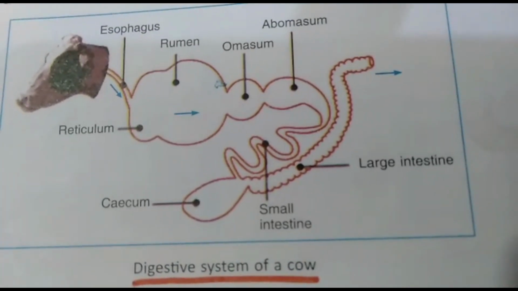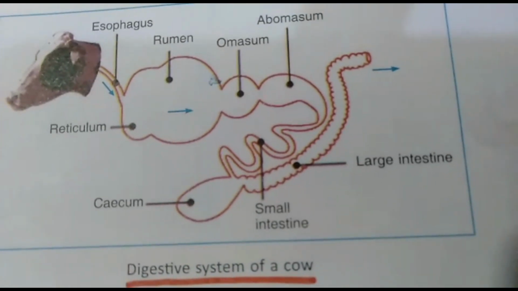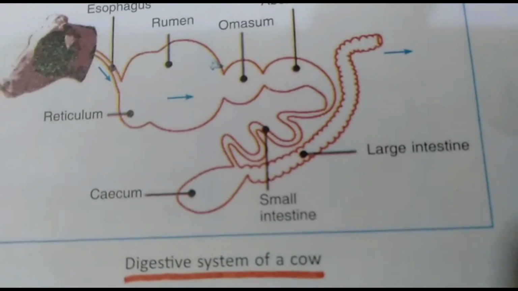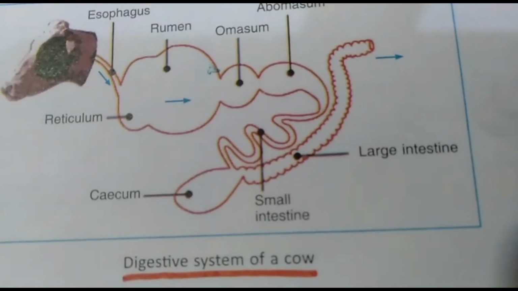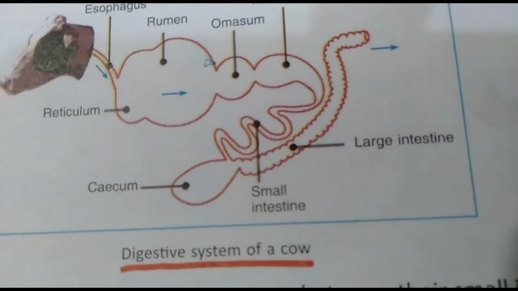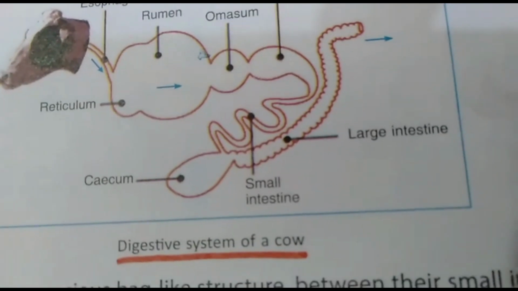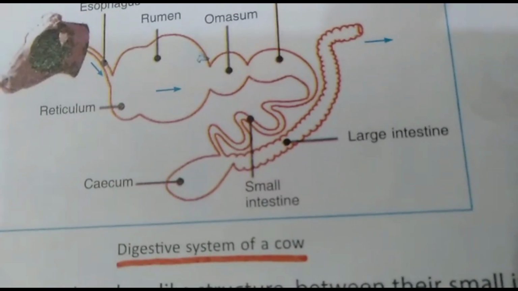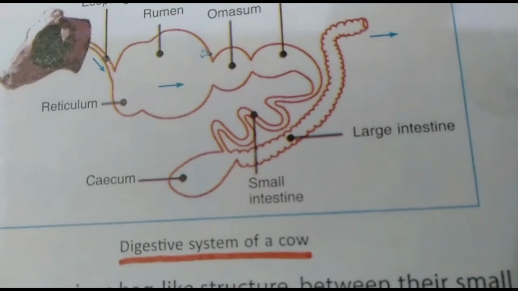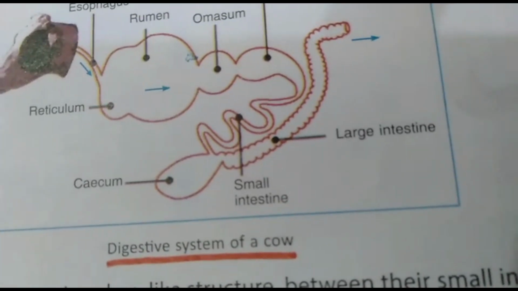Students, see the digestive system of the cow. You are seeing a ruminant animal, and here you see an esophagus through which the food is passed to the largest part of the stomach, that is the rumen. Then you see the small intestine and large intestine.